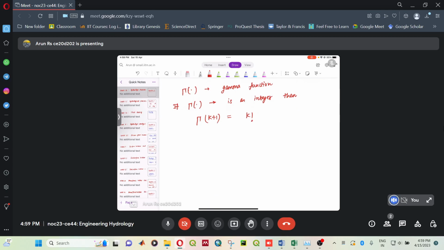So if it is not an integer, then we need to refer to the tables, gamma function table. So as a complete simplification, we can write E of x power k is equal to theta power k into k factorial if k is integer. So this is the trend for exponential distribution. This is not applicable for any other distributions.